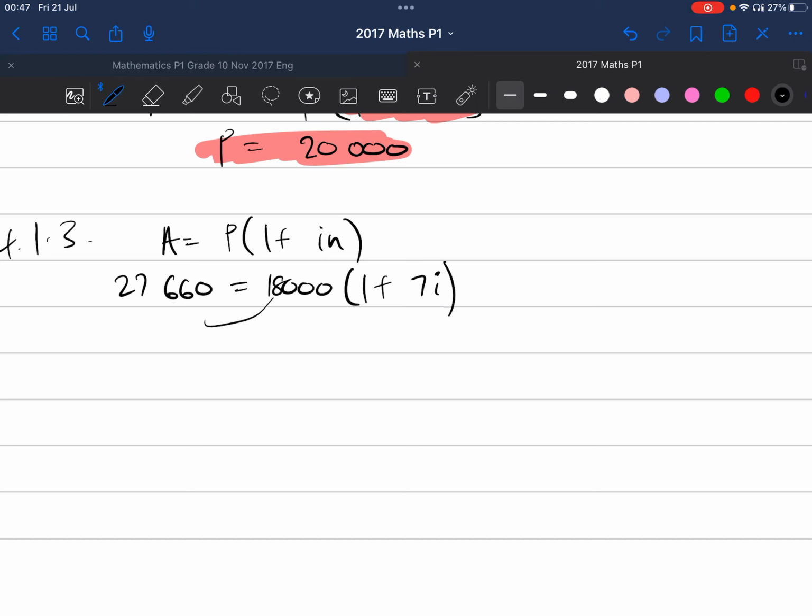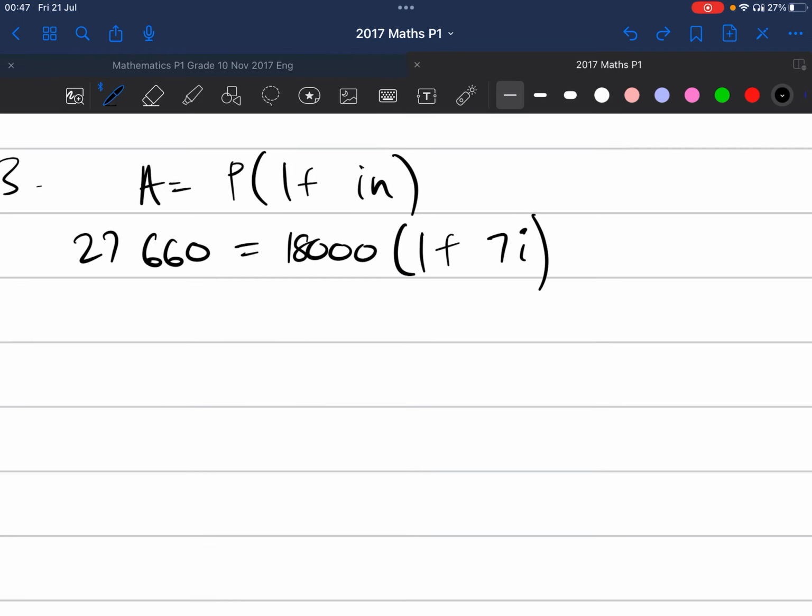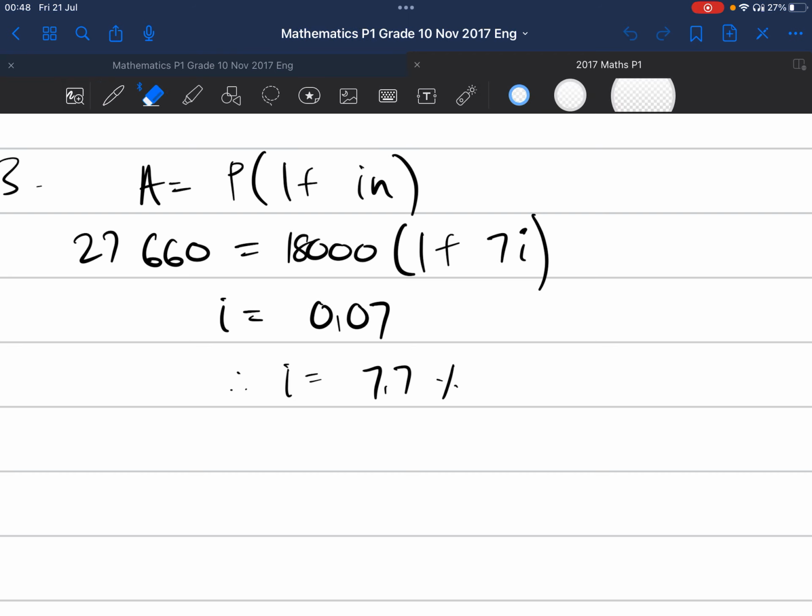So again, I'll just take this divided by this. So 27,660 divided by 18,000. That gives us an answer. Then I can subtract 1 from that and divide that by 7. Then the interest rate that I get is 0.077, let's say, which is the same as 7.7%. Now let's add some more decimals so it's more accurate.